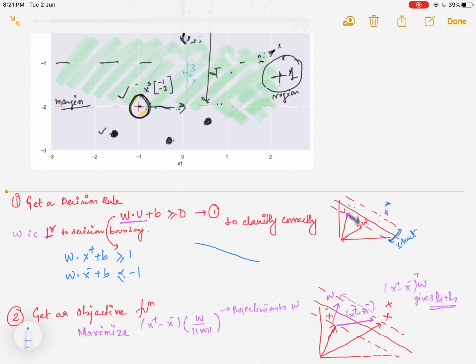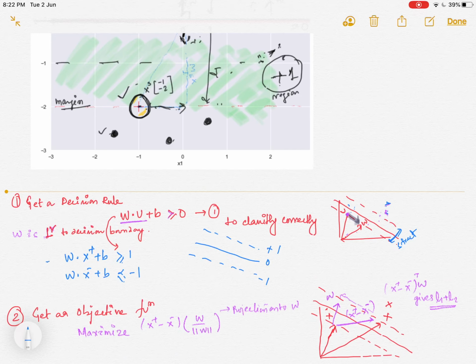So if we say this point is 0, then the margin can be said as -1 and +1. So any projection of a point onto w is correctly classified if it gives a value greater than 1 or less than -1, then we can say that it works fine.